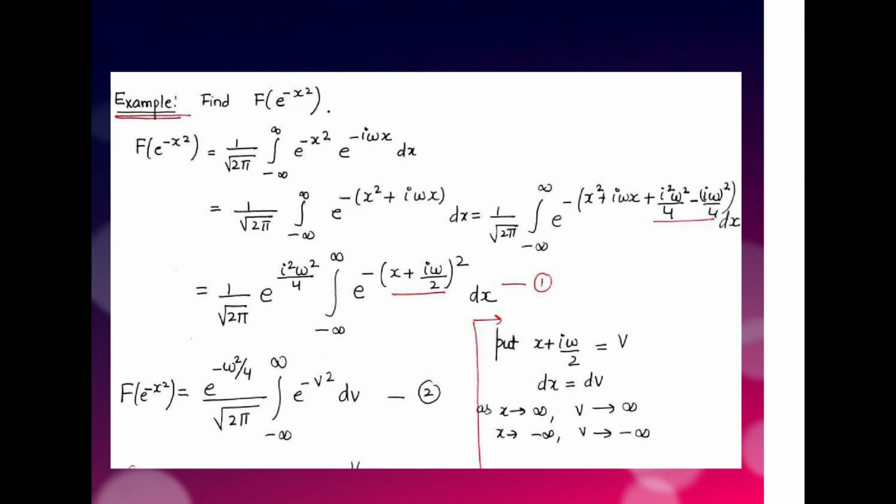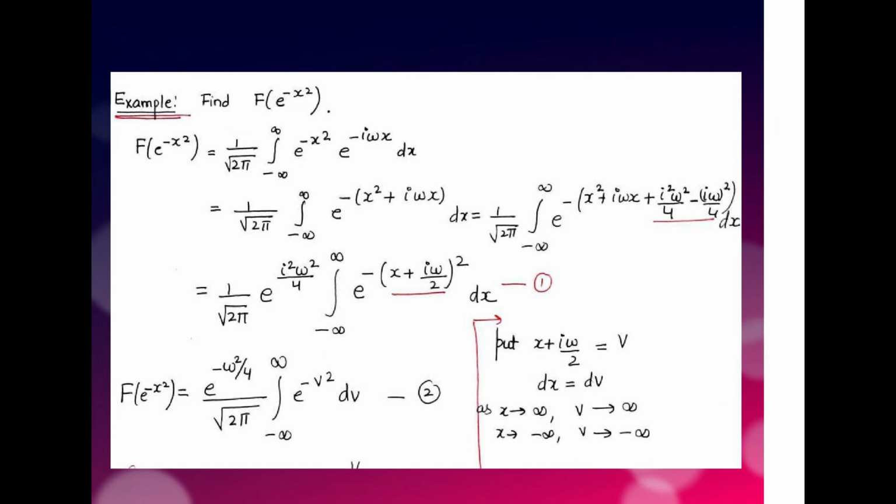Now we have to simplify this integration. To simplify this, first we rewrite it as a whole square exponential, and the power we write as this. I am adding iota square w square by 4 and subtracting the same thing.